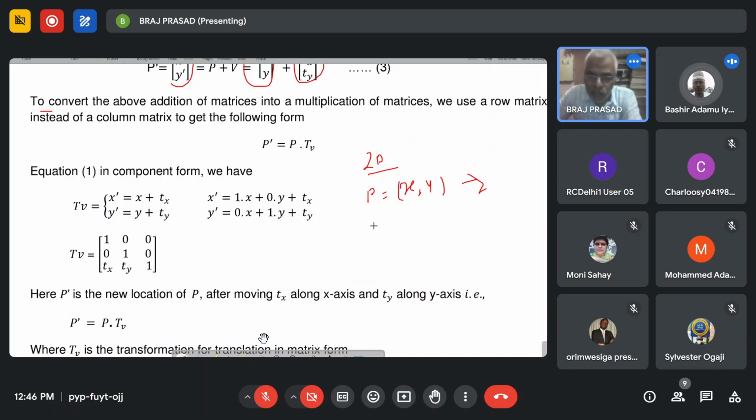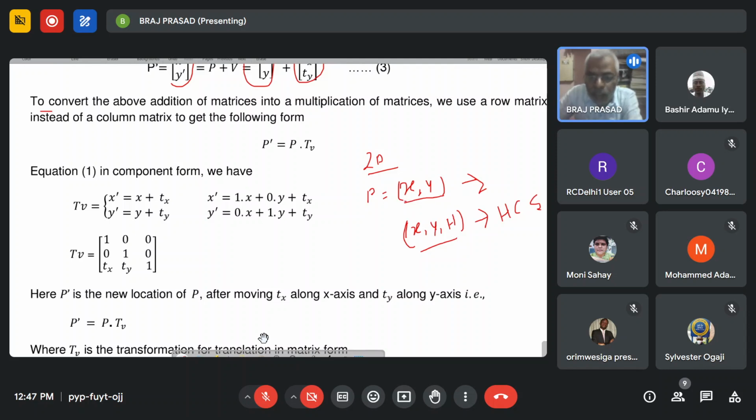But if we add one more column, x, y, comma h, then this representation is known as HCS, the homogeneous coordinate system. This is in the form of the Cartesian coordinate system, and this is in the form of the homogeneous coordinate system.